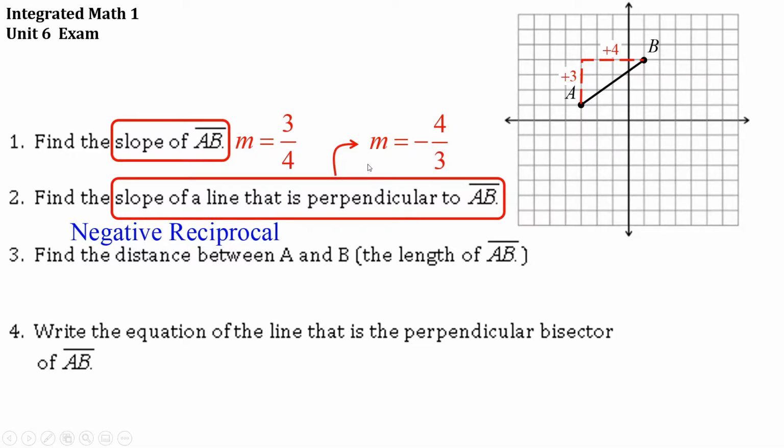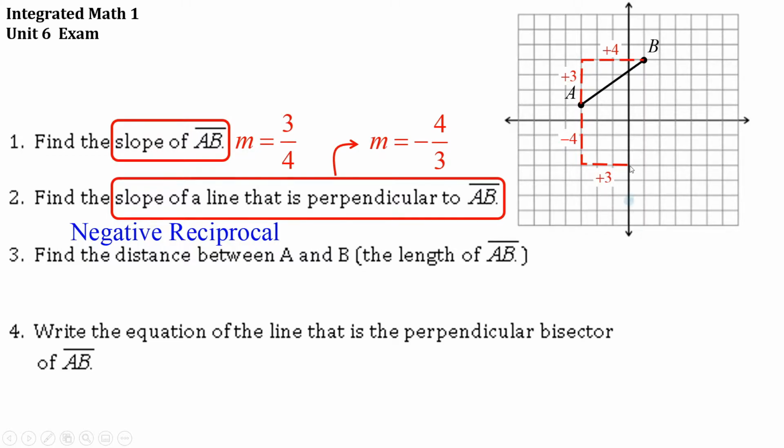So let me prove to you that this is correct too. All right. So what if I started at point A right here and I did a slope of negative 4 over positive 3? We're rising negative 1, negative 2, negative 3, negative 4, and running 1, 2, 3. So there's that slope right there. Negative 4 over 3.